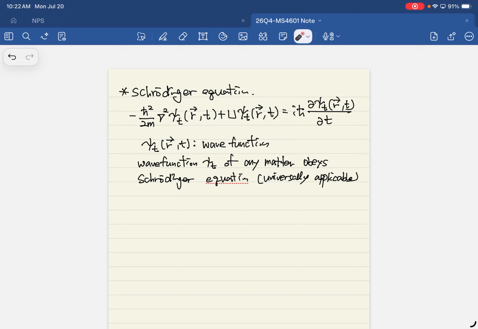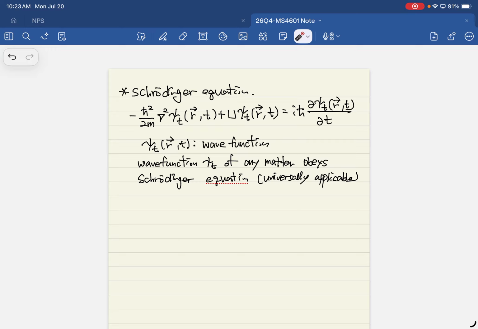Probably some of you may have learned about this Schrödinger equation, or some of you have never seen it. This is essentially solving the equation for this wave function. The wave function of any matter must obey this equation, and in that sense it's universally applicable. The size doesn't matter, whether big or small, the wave function has to obey the Schrödinger equation.